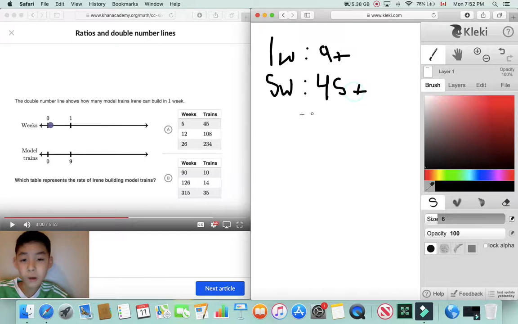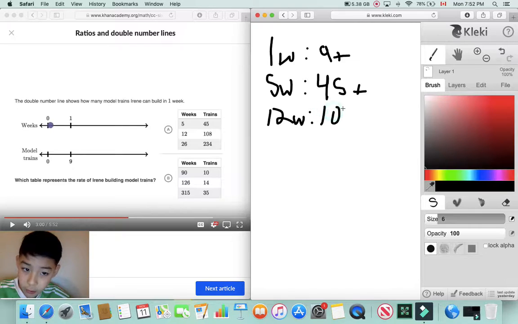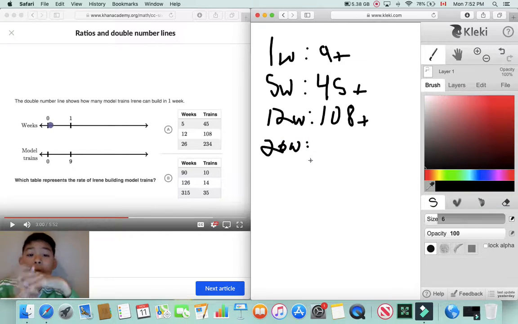How about 12 trains? I'm gonna do some quick maths. It's 108 trains. That's correct. How about 26? Okay. 12 divided by 6... So that's 18 for 2.